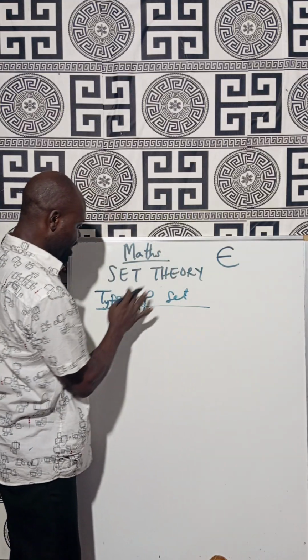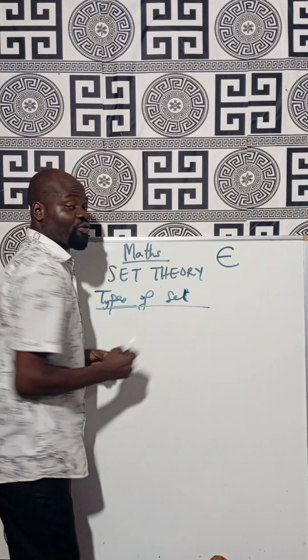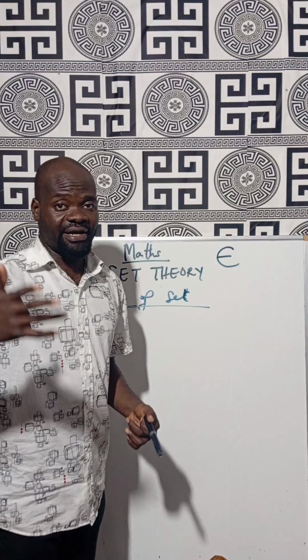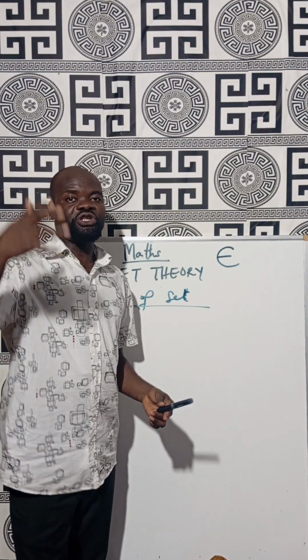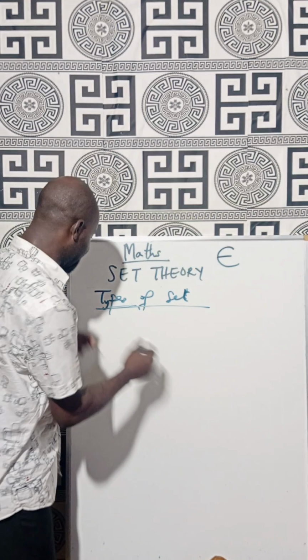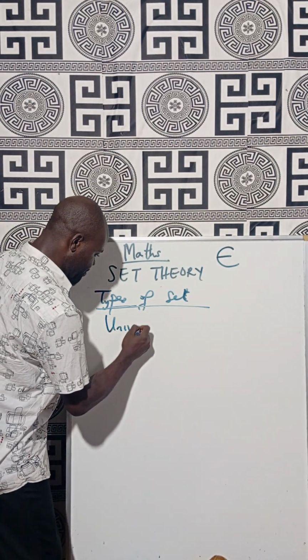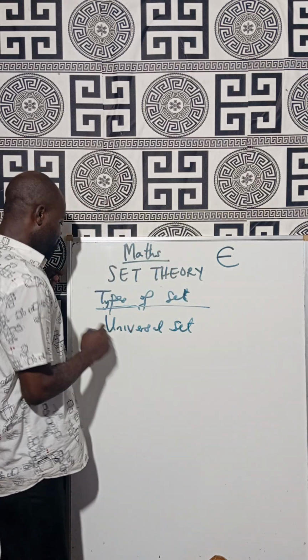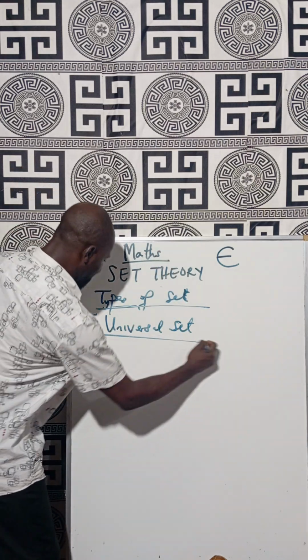Okay, we have different types of sets. We have the universal set. When you say universal set, from the word universe, universal. The universal set is very simple and easy.